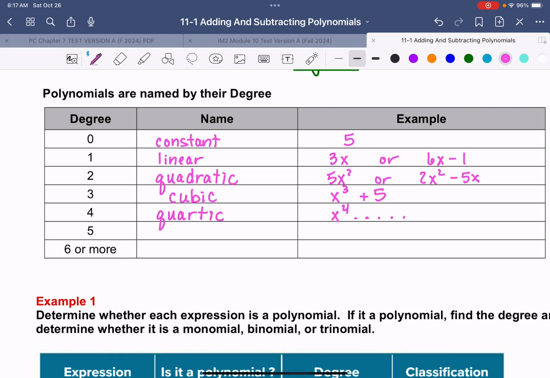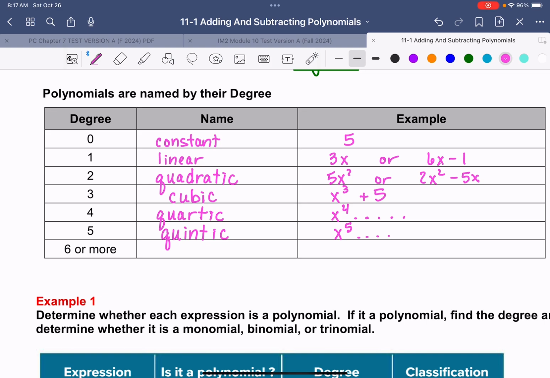Okay, so quartic, I think like quarter, right? Quarter has four quarters in a dollar. All right. And the last one, anything to the fifth power, is going to be called a quintic polynomial.